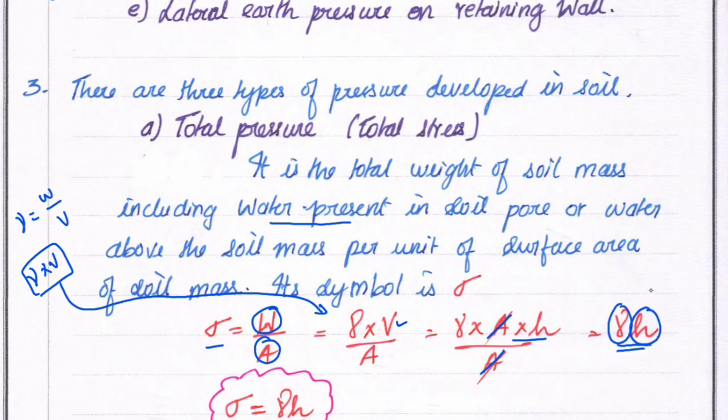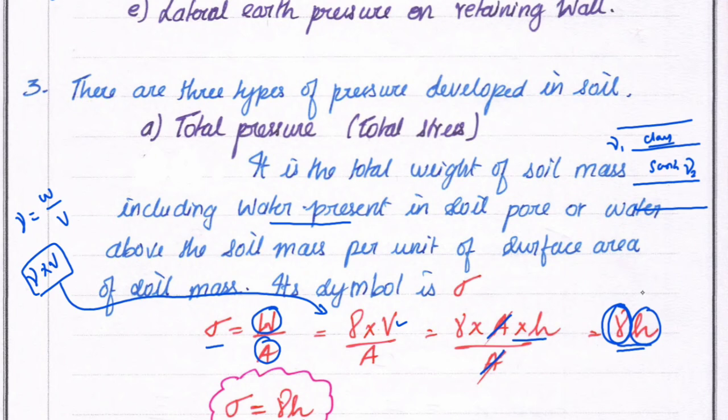If only one layer is there, there is no problem. If multiple layers are there, the gamma value will change. For example, take two or three layers. The first one is clay, the second one is sand. The clay has a different unit weight and the sand also has a different unit weight. So this is gamma 1 and this is gamma 2.